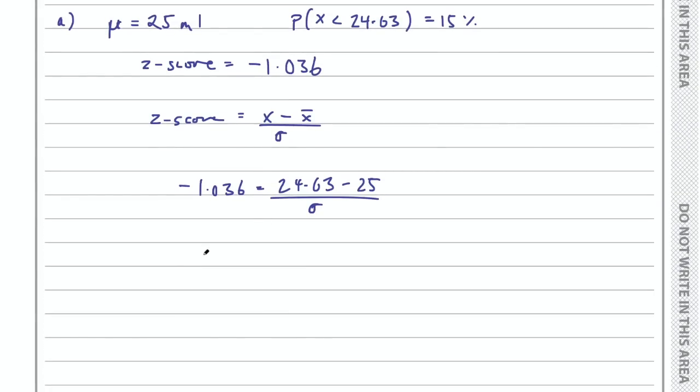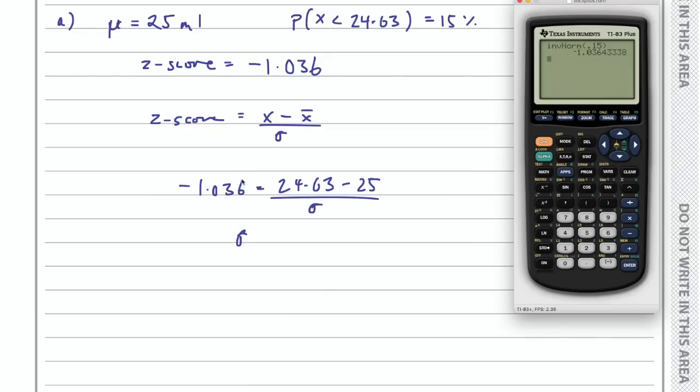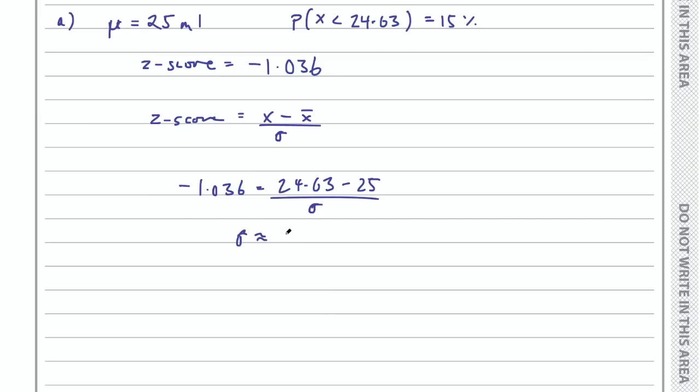Solving this for the standard deviation, I would find that difference, divide by negative 1.036. 24.63, take 25, divided by negative 1.036, and I get 0.3571 for the standard deviation. 0.3571 milliliters.